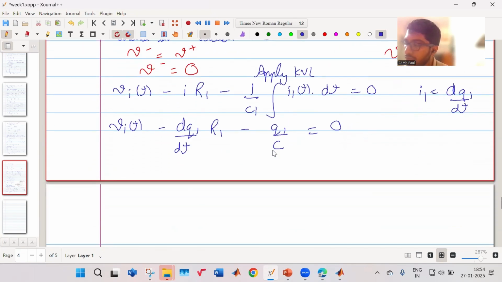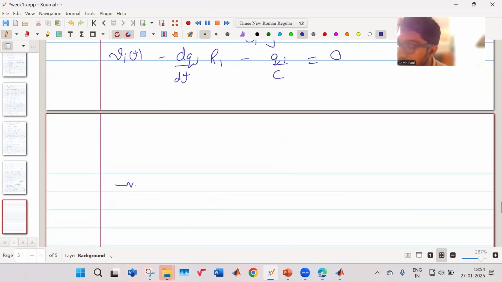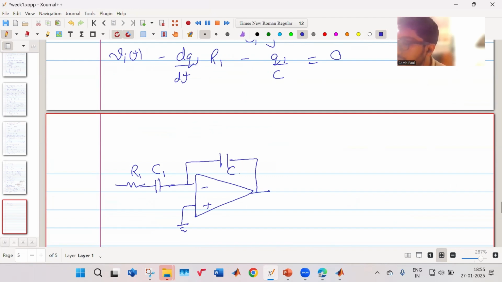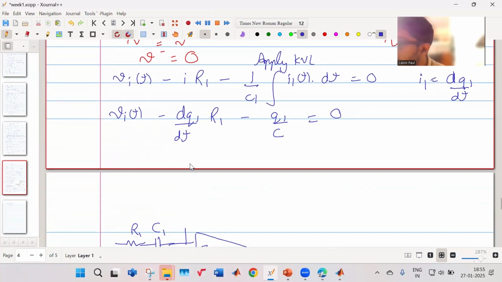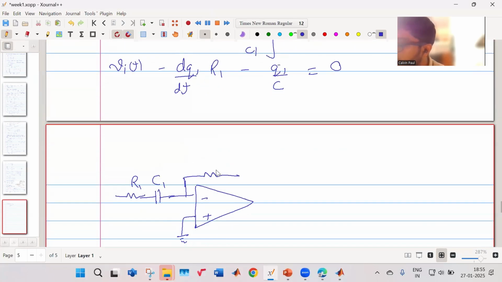Okay, so what we have is, this is my R1, this is my C1, which comes with a negative terminal and positive terminal. This is connected to the ground. This goes to C2. Over here, let's put R2 first. So this is the R2, right? And this is C2.